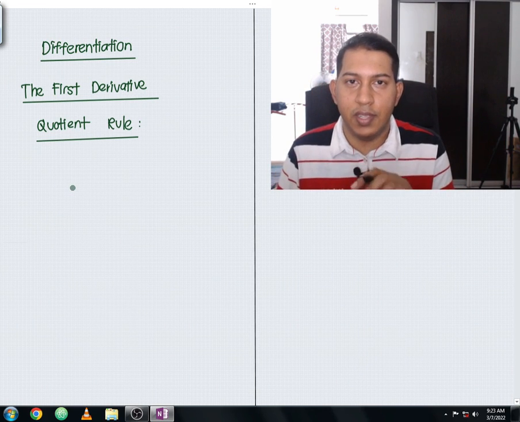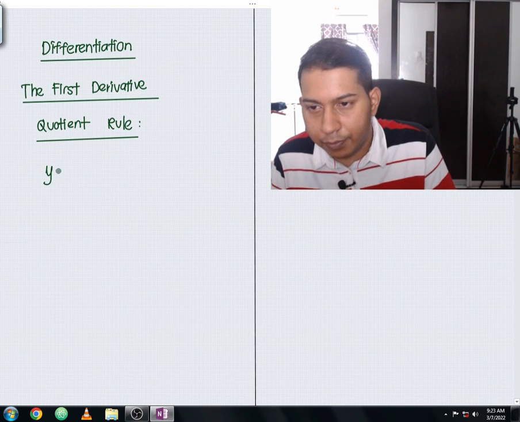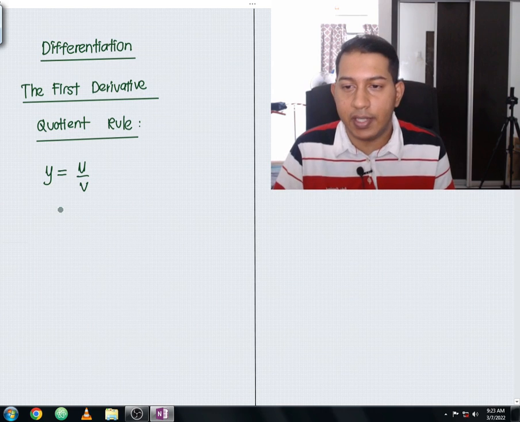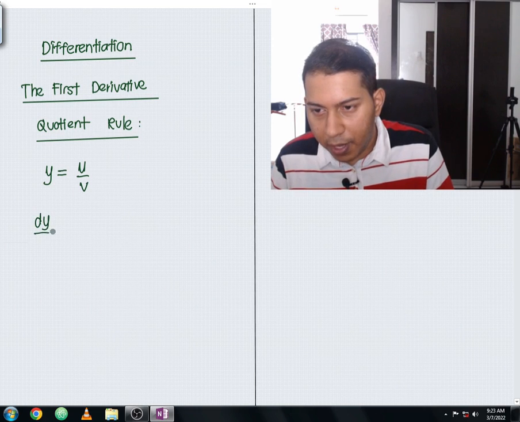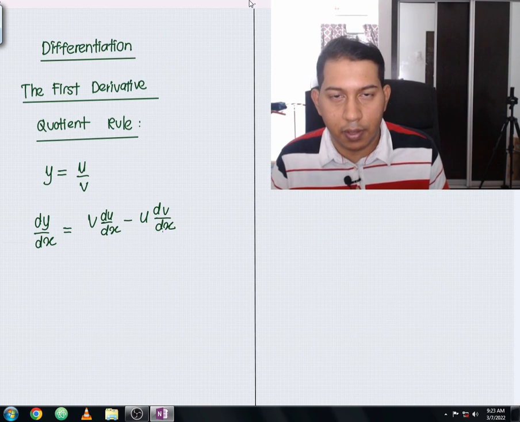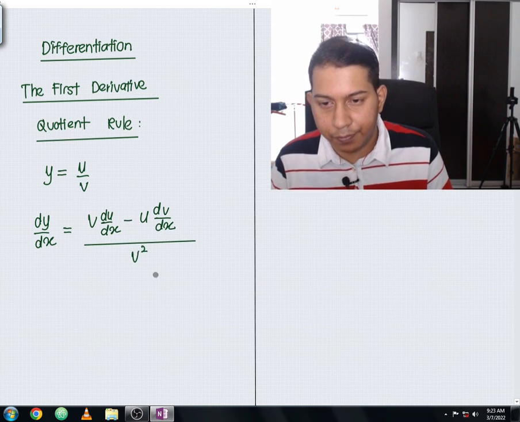The only difference is the products rule is multiplication, the quotient rule is division. So given that y is equal to u over v, when the question asks you to find the differentiation dy dx, the following formula applies: dy over dx equals v times du over dx minus u times dv over dx, and then you divide by v squared.